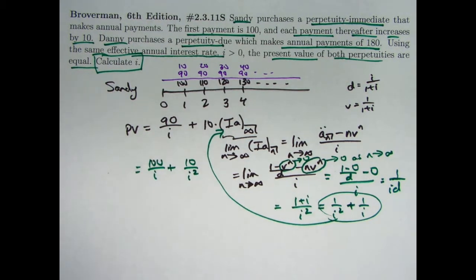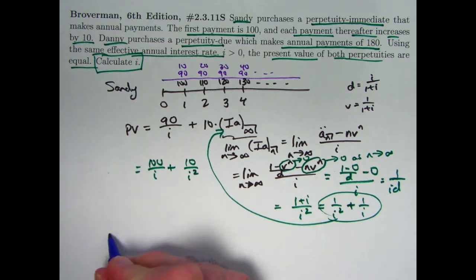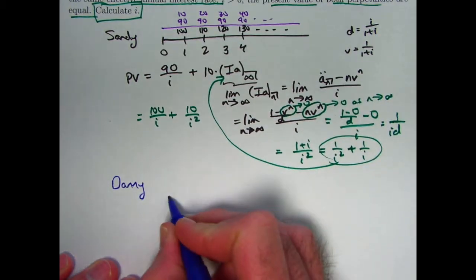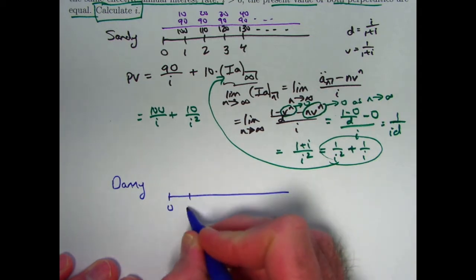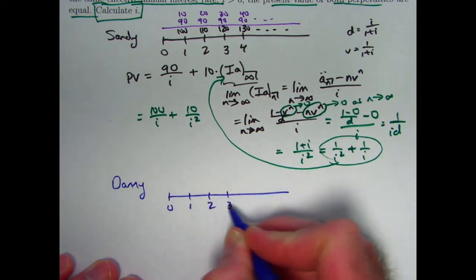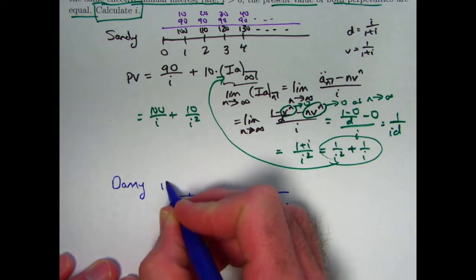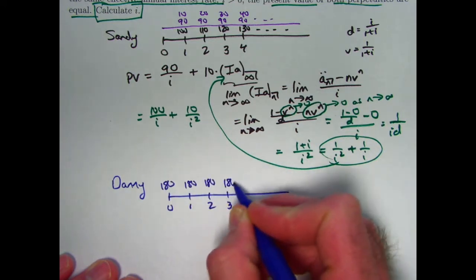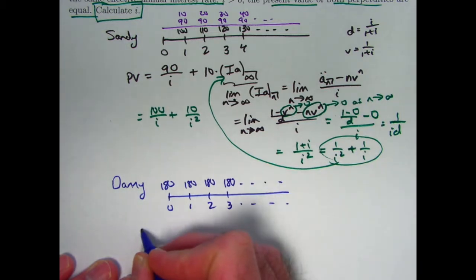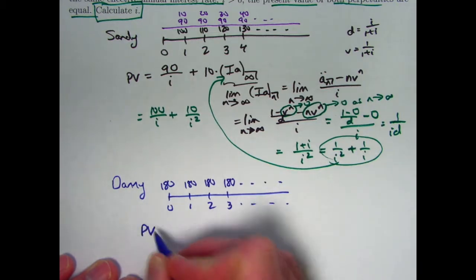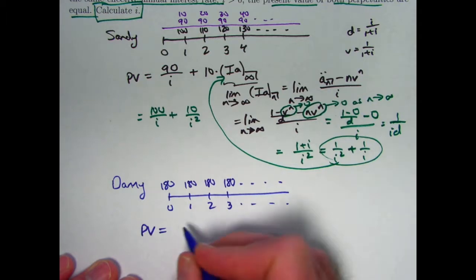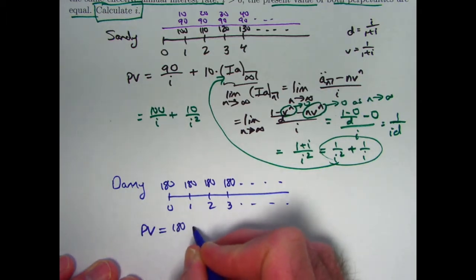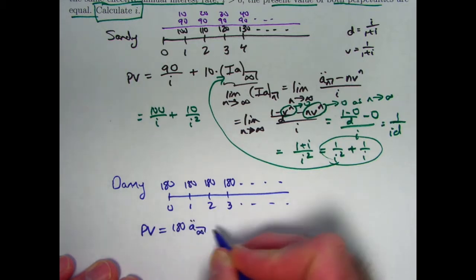Now let's go on to thinking about Danny. He's got a constant annuity, and it's annuity due instead of an annuity immediate. So the first payment is at time 0, and it's constant 180, 180, 180, etc. The present value of Danny's annuity, as a constant annuity, you could write it as 180 times a double dot sub infinity.